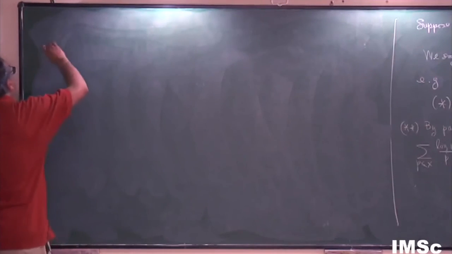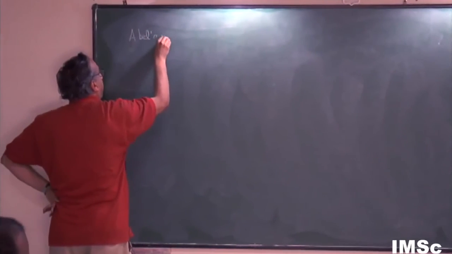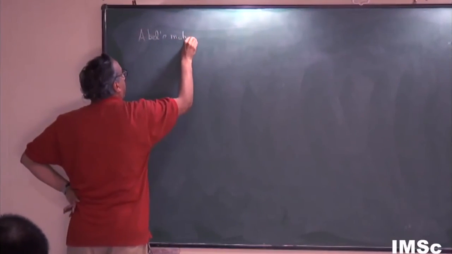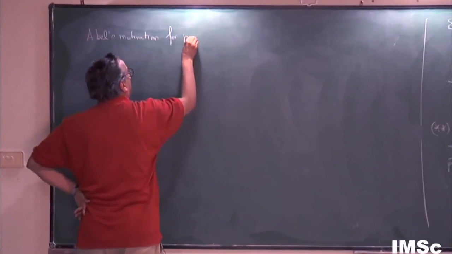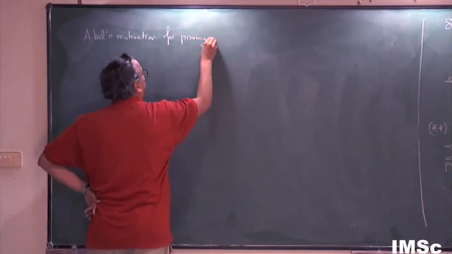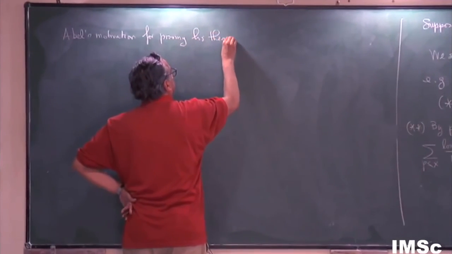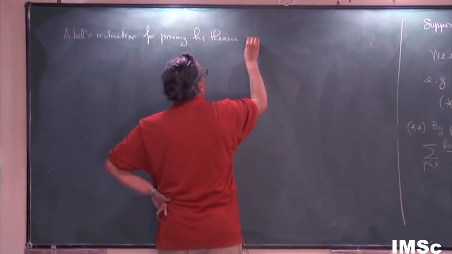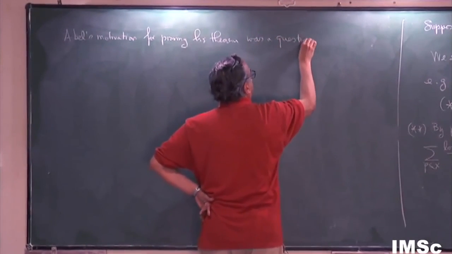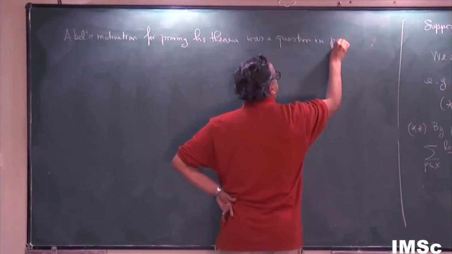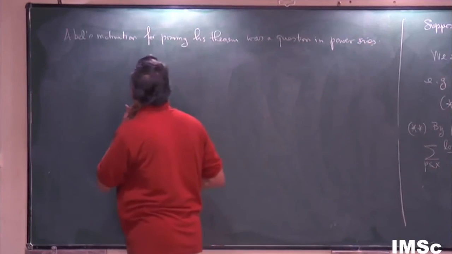Now, Abel's motivation for proving his theorem was a question in power series. What was this question?